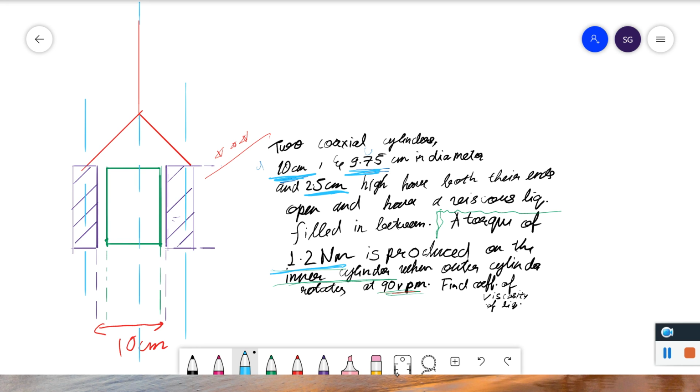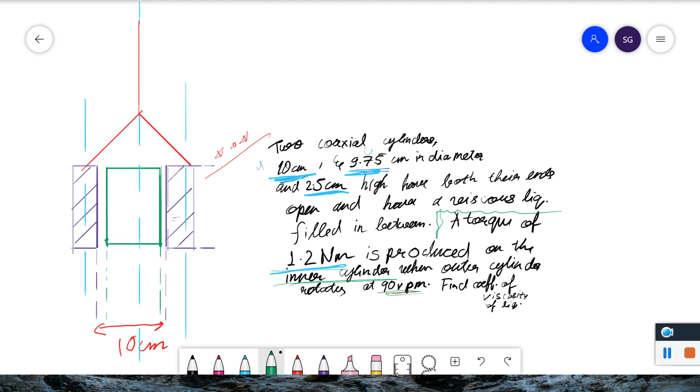Okay, this is the cross section of the outer cylinder, the purple one, which I represent as a blue color, that is 10 centimeter and 9.75 centimeter. Okay, so it is 10 centimeter and this is 9.75 centimeter as clearly stated in this question.